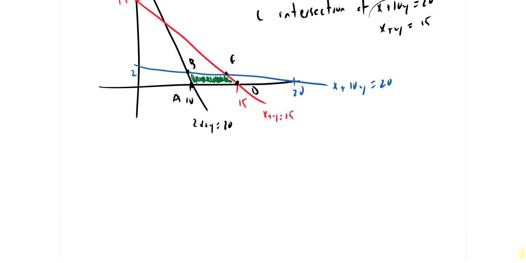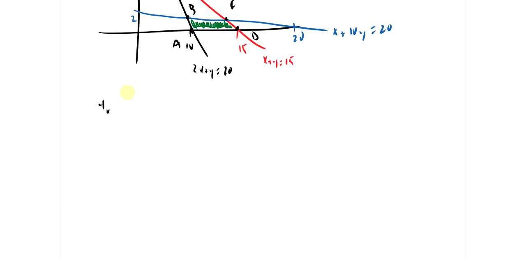So to find the corner point B, what do we have? Well, it's the intersection of 2x plus y equals 20 and x plus 10y equals 20. So what I want to do is match coefficients. So what I'll do is multiply this one by 2.